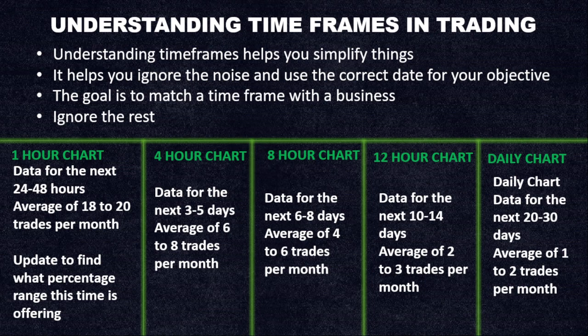When you are looking at the chart on the daily time frame, you are looking at data for the next 30 to 20 days. An average trade you can take on the daily time frame is just 1 to 2 trades. If you just base your decision on the daily time frame, you can get 1 trade in a month, you can get 2 trades in a month.